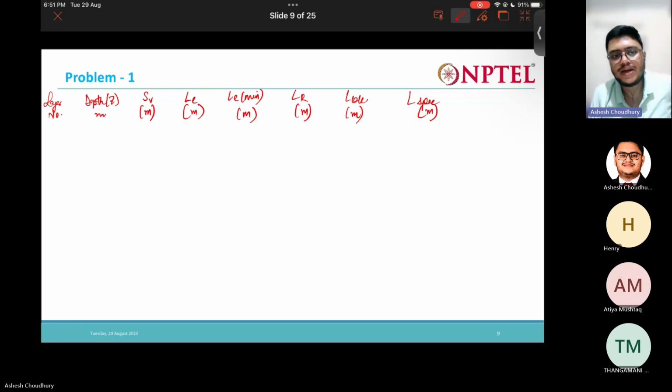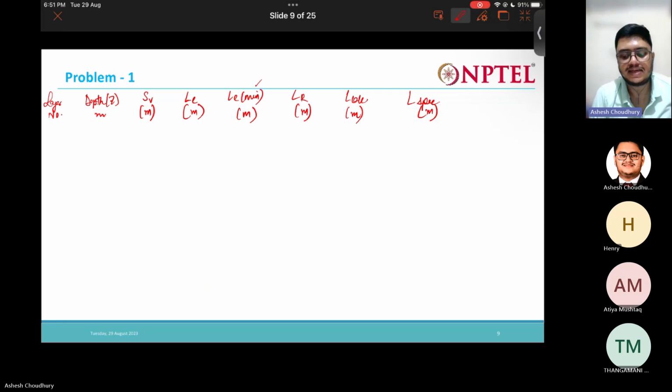What is the minimum embedment length that we should provide? Whatever our LE comes out after calculation, if it's less than LE minimum, we will be providing LE minimum only. This is the minimum embedment length that we should provide.